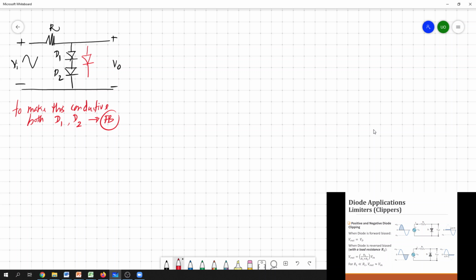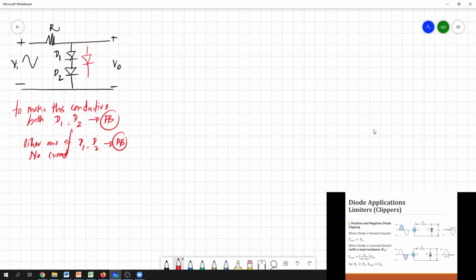If either one of these diodes gets reversed, you can't see a current. So if either one of D1, D2 is reversed, there is no current. If it is conductive, you can identify it as a single diode which has a compacting effect of these two.